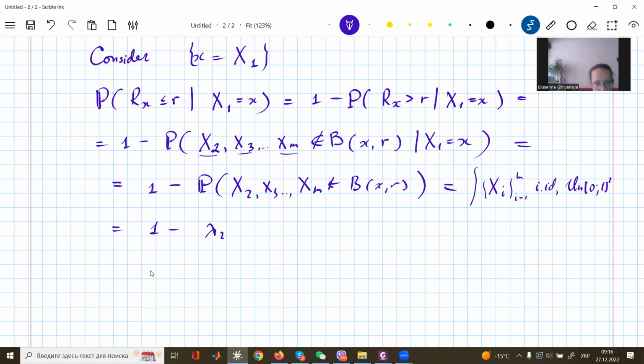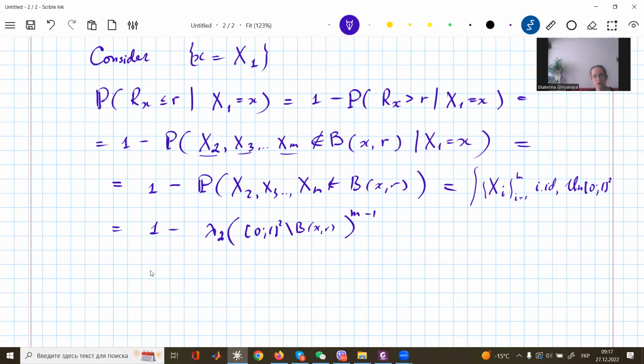I will write Lebesgue measure on the square like this. So this Lebesgue measure of [0, 1] to the square without this ball, to the power m minus 1. It's not hard to calculate this. I think you can finish.